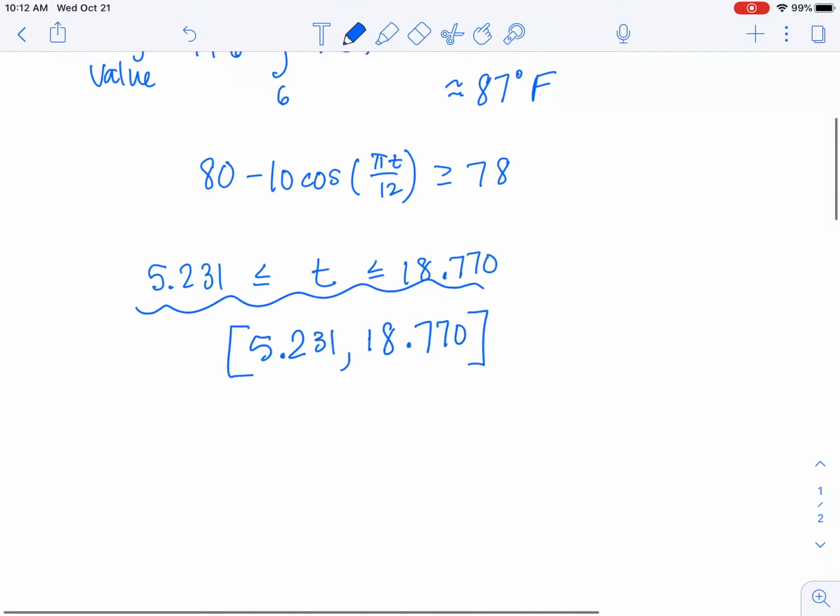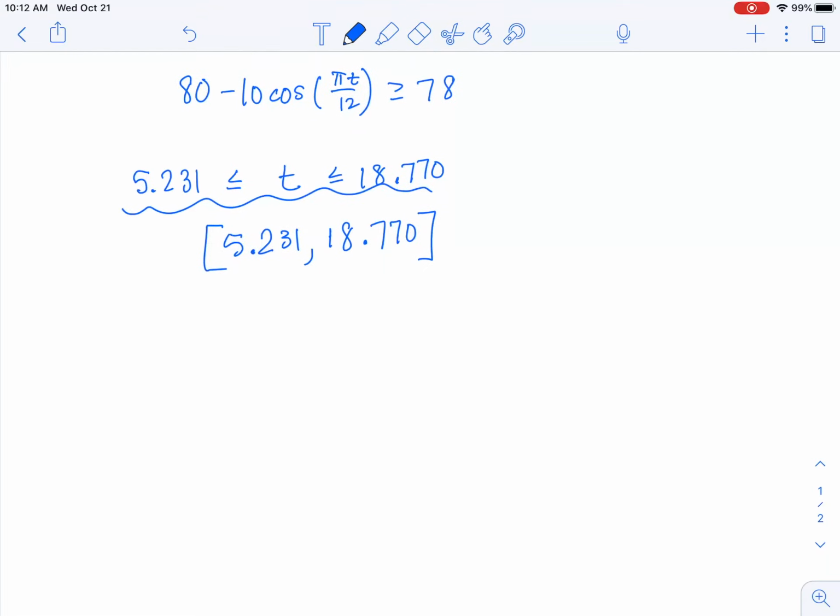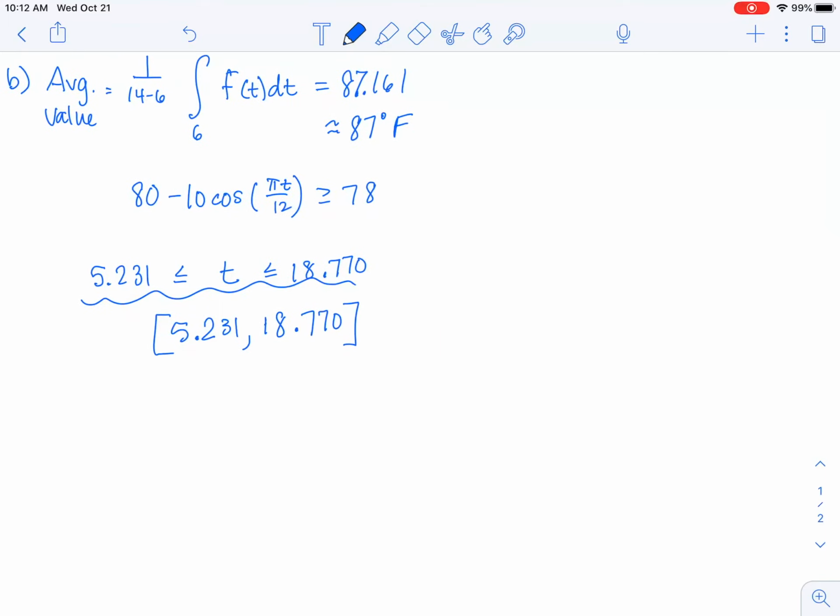And then the last but not least was asking the cost of cooling the house that accumulates at a rate of 0.05, so a nickel per hour for each degree the outside temperature cools. So if you look back at your graph, it looks something like this.